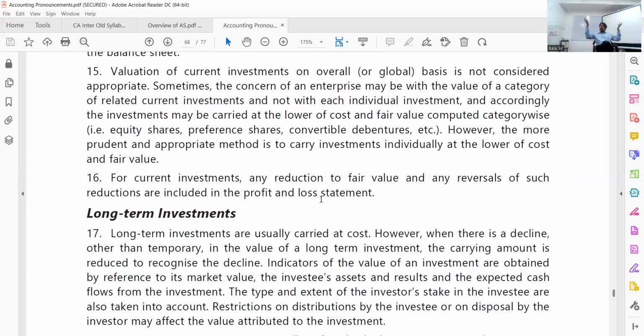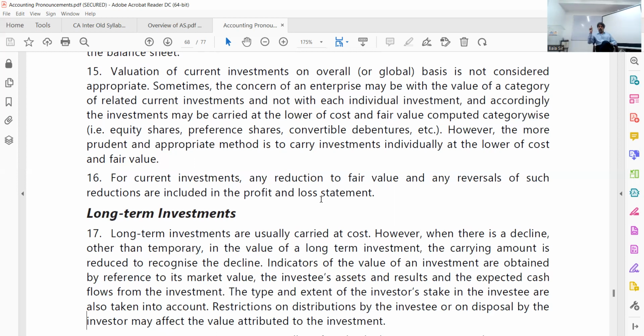You know what I was trying to say? Sir, how do you know that Kingfisher Airline is in trouble? How do you know that a company is in trouble? By looking at the investee's balance sheet, their assets. What are the assets on the balance sheet of the investee? What are the results?